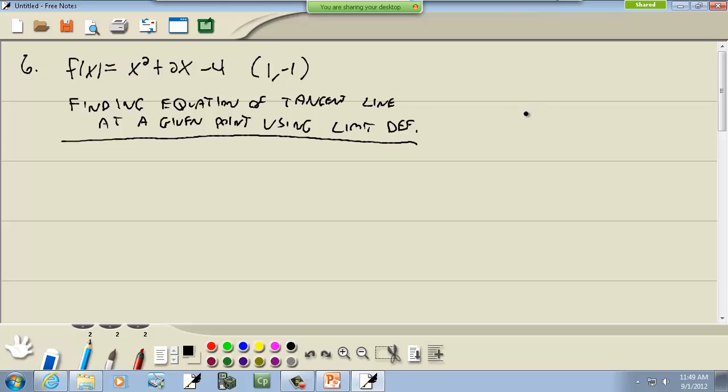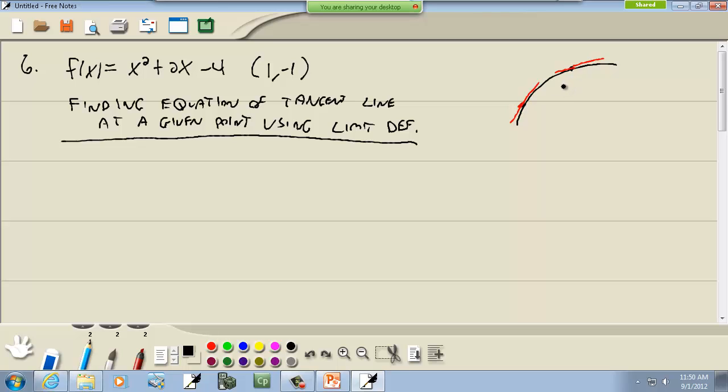Now realize, if we look at a graph, if we look at any individual point, they're all going to have their own tangent line. So this one here is different than this one here. So you got an infinite number of ones that are different, actually. When we're finding the derivative, that's going to be a generic formula that allows us to get the slope of any tangent line at any point.